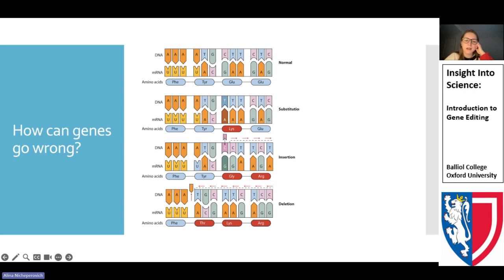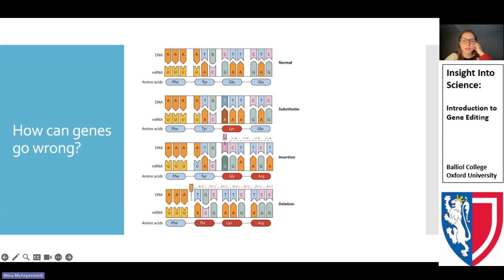Then we can have insertion, where, as you can tell by the name, a certain number of bases is being inserted into the sequence. This is a so-called frameshift mutation because everything that follows afterwards will be different. Whether we have 1 or 2 bases inserted, every single one of the following amino acids will be different.